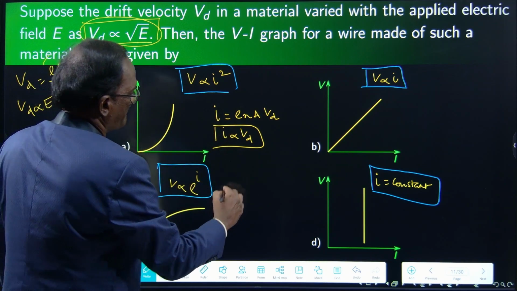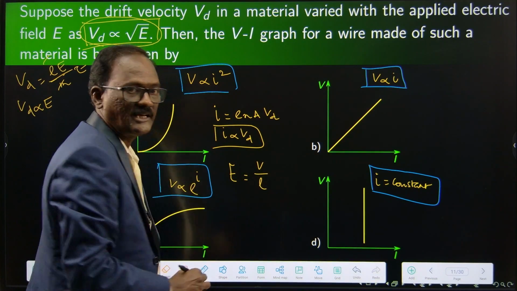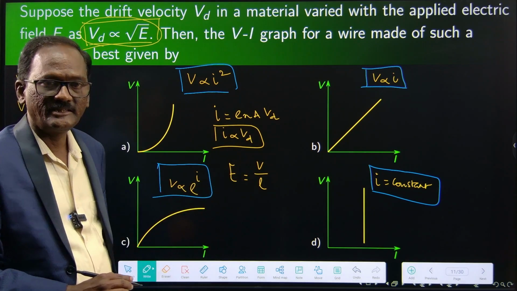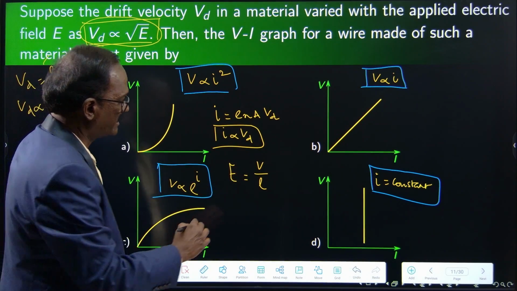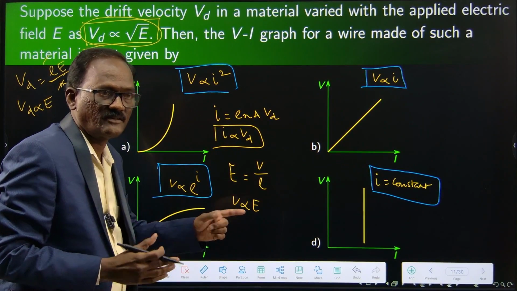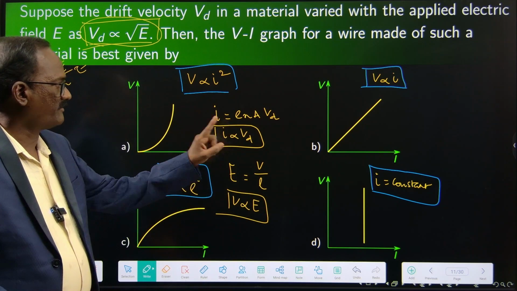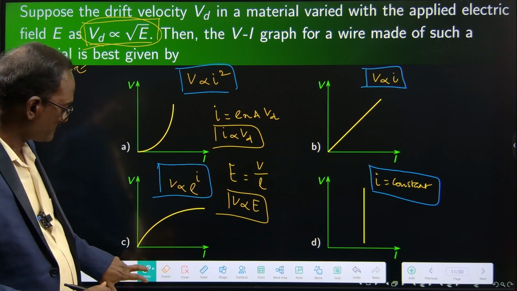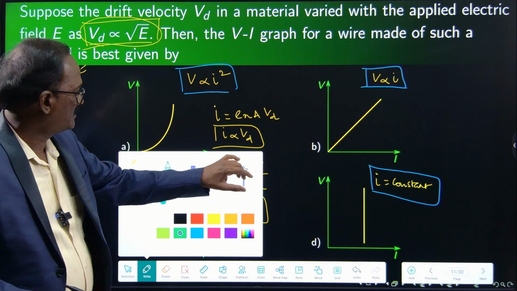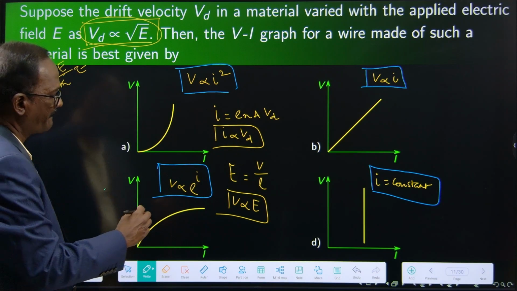Second one, E. E is equal to voltage per length of the conductor, E is equal to V by L. Its unit is volt per meter, voltage per length of the conductor. So E is proportional to V, since the length of the conductor is going to be constant. Instead of I, I will write Vd.